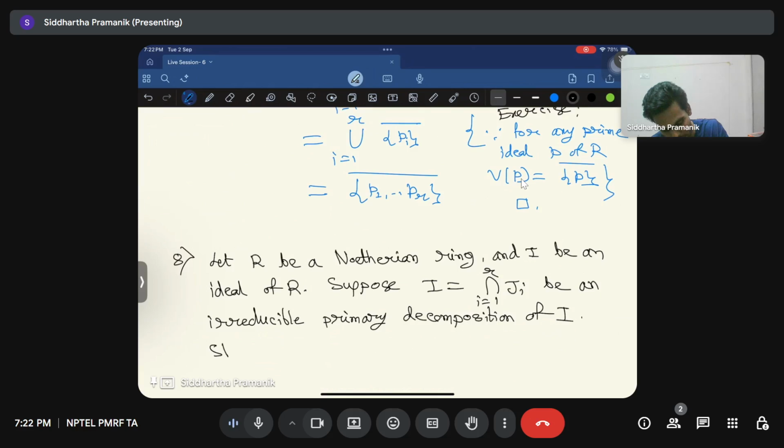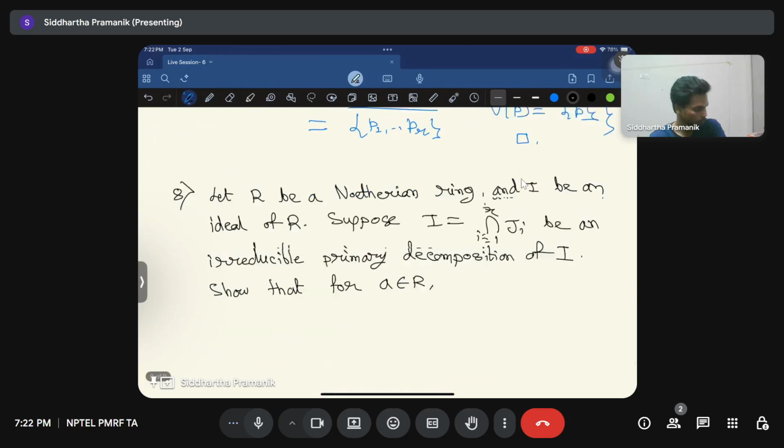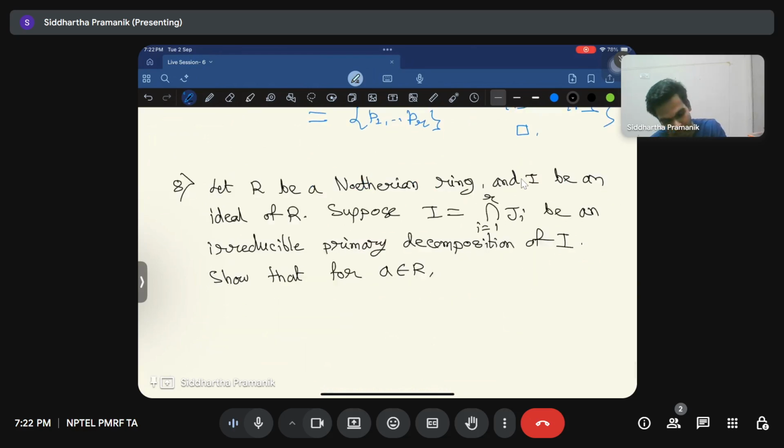Then show that for an element a belonging to R, if you take the saturation, so for a in R, take the intersection of Ji, where you take all those Ji such that a does not belong to the radical of Ji.